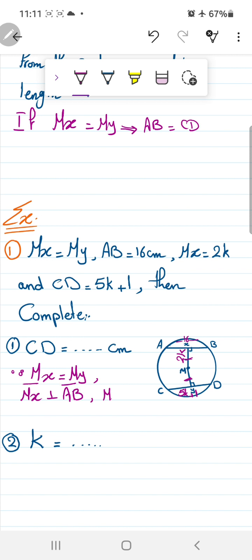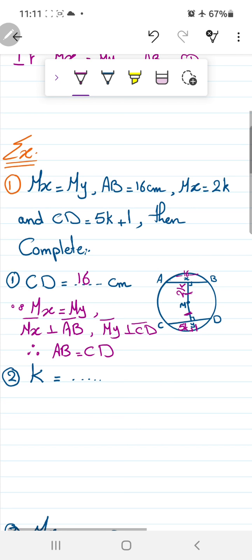Here we know the length of AB, which is 16, so the length of CD also is 16 centimeters.